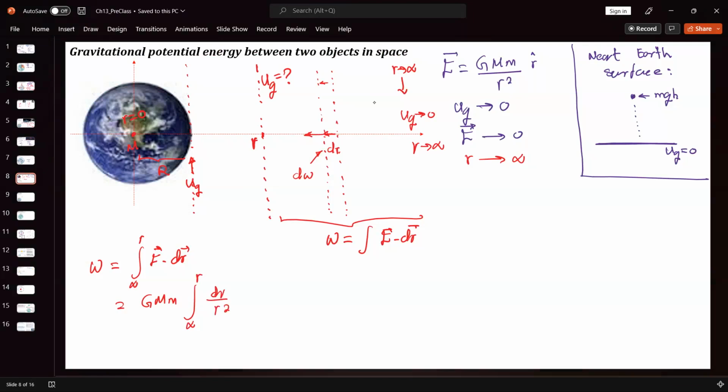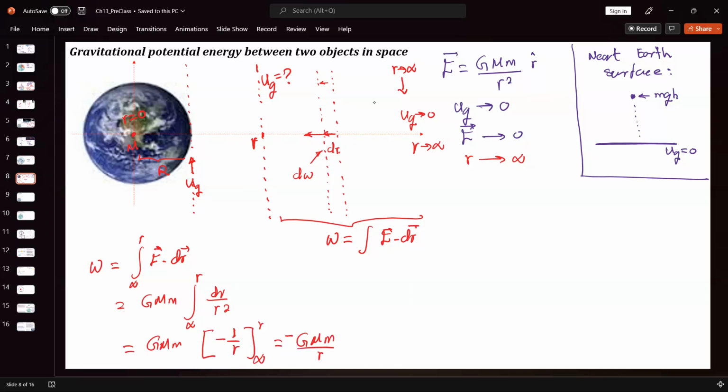The angle between them is 0 because that's the same direction we are measuring, so it's going to be cosine 0. Then this ends up as GMm, and the integral of 1 over r squared gives 1 over r with a negative sign. The limits are r and infinity. We'll get GMm over r with a negative sign, since 1 over infinity is actually 0.